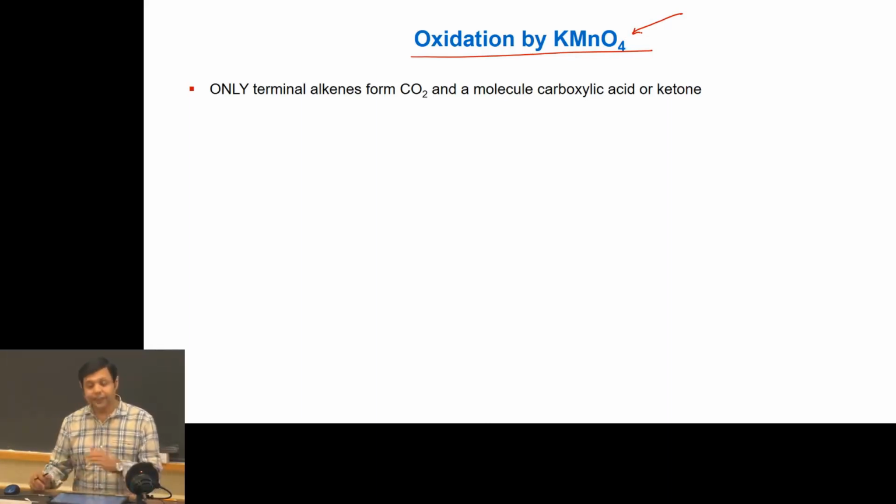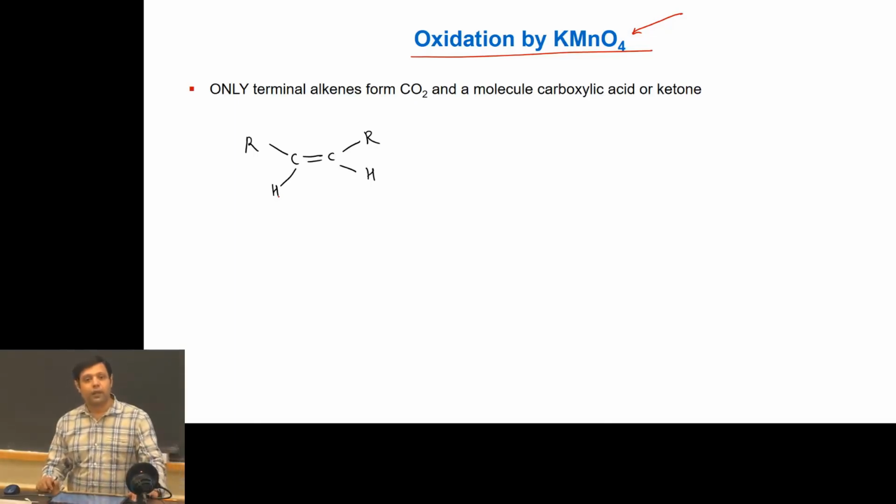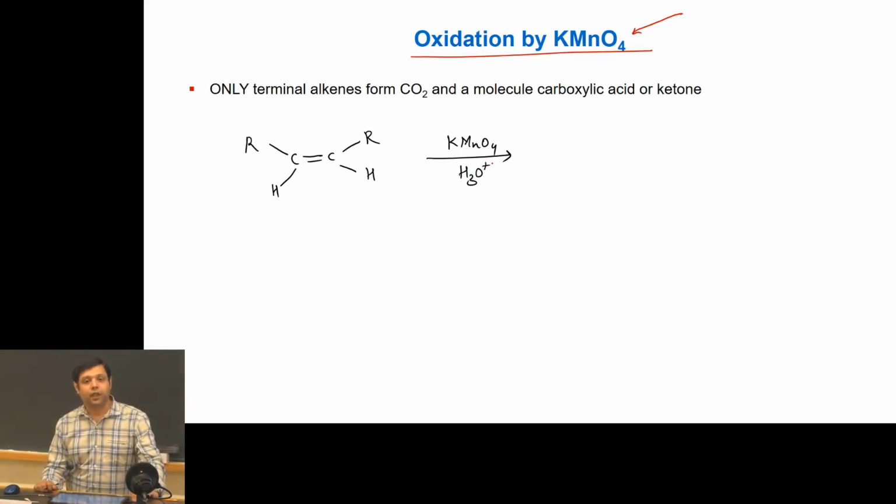All right. So let's take a look at the reaction of alkenes with KMnO4. So let's say I start off with an internal alkene. The double bond is within the chain. The reagents for KMnO4 oxidation is KMnO4 and some acidified water, H3O+. So two things KMnO4 does.